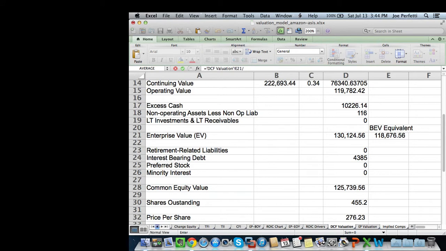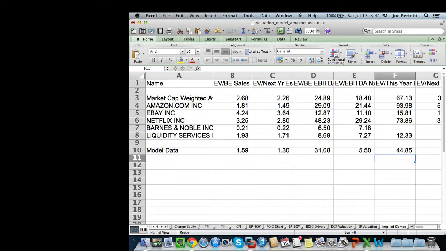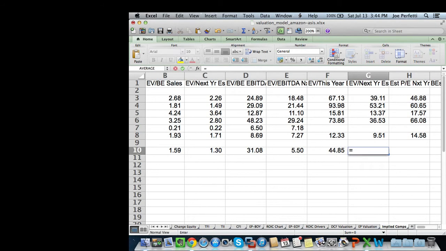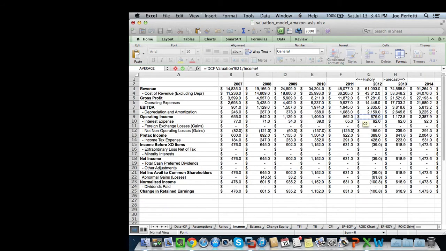Divided by the income tab, 2013 operating income. Equals enterprise value divided by 2014 operating income.